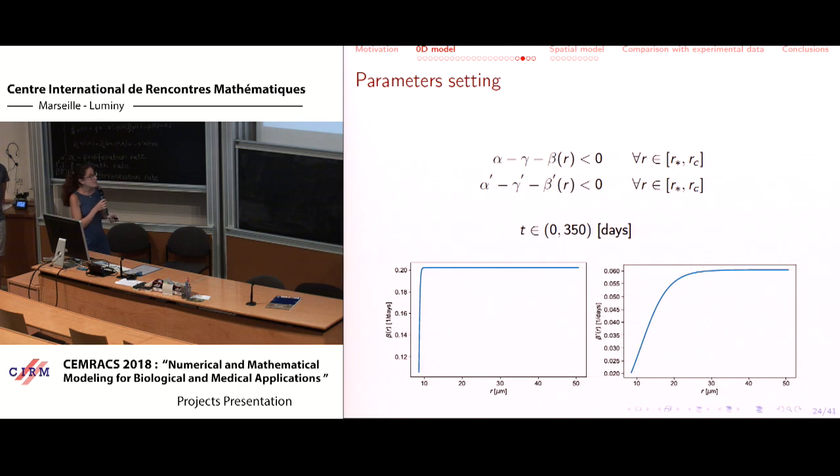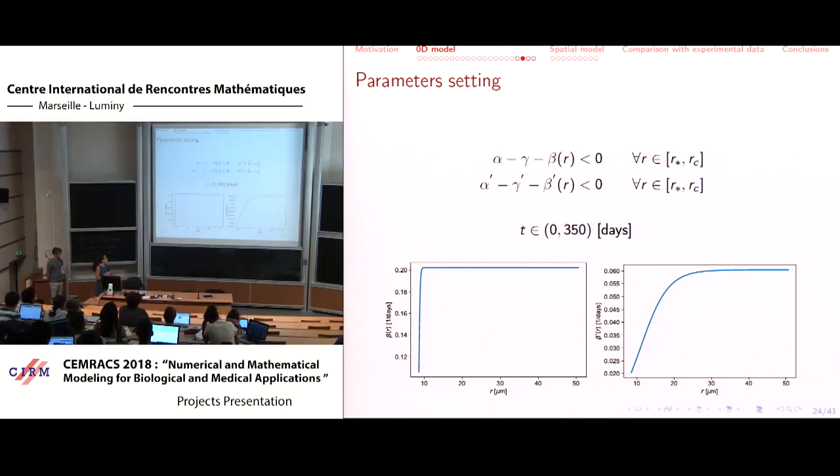Okay. So before beginning the simulations, we have to set the parameters. We have found the values of the parameters according to the literature and to some data that we have. So we did some data fit in order to get the parameters.